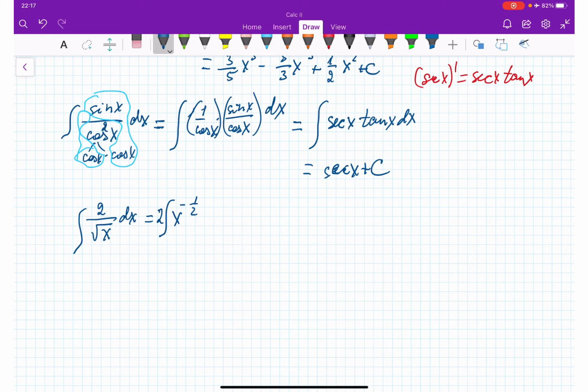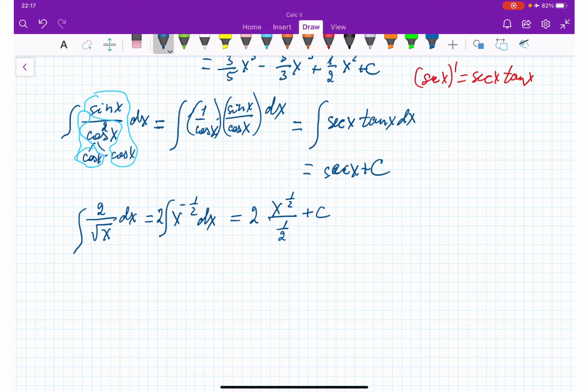Now once we want to integrate, this 2 is a constant, it stays. Negative 1/2 plus 1 is going to be positive 1/2, right? So it's going to be x to the power positive 1/2 and divided by 1/2 and plus c.